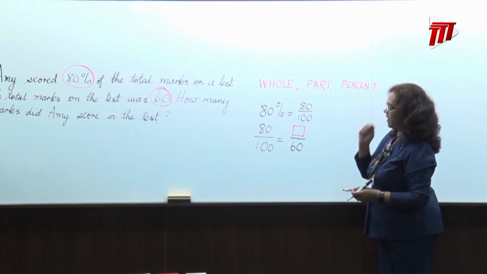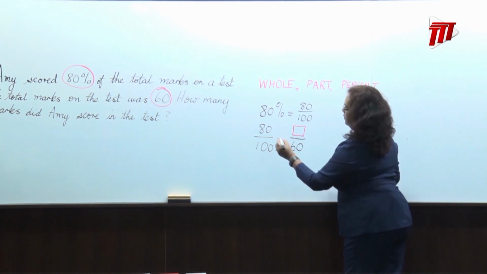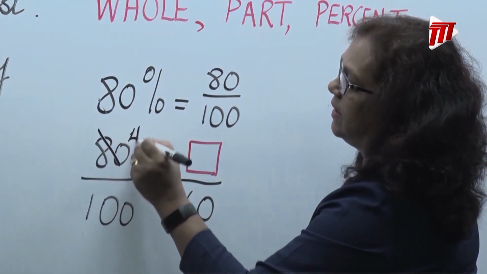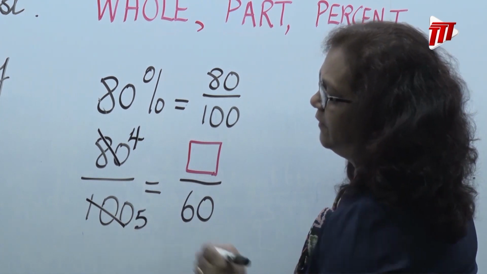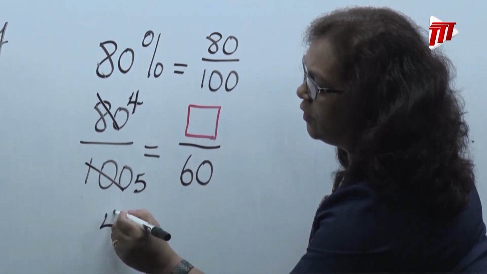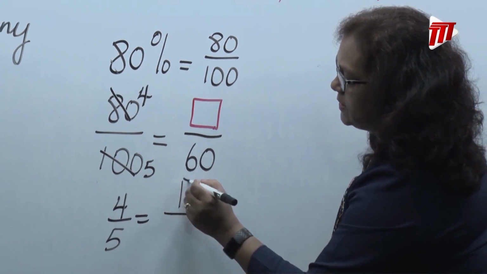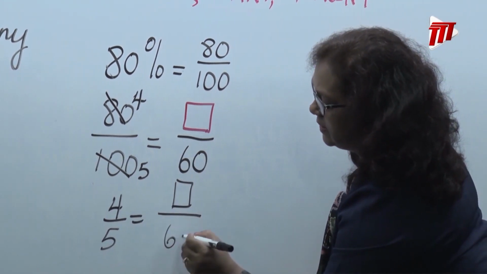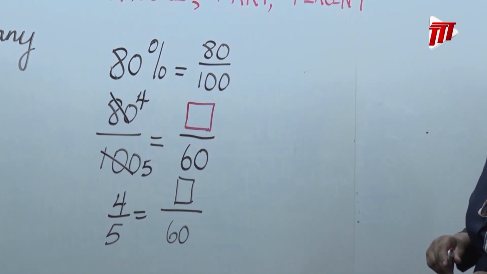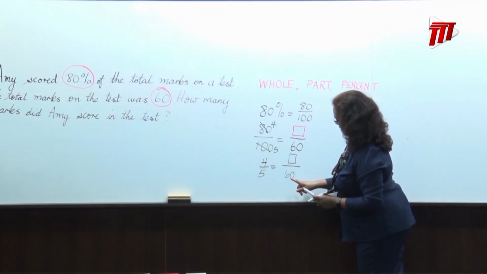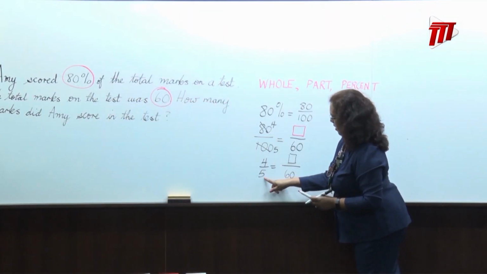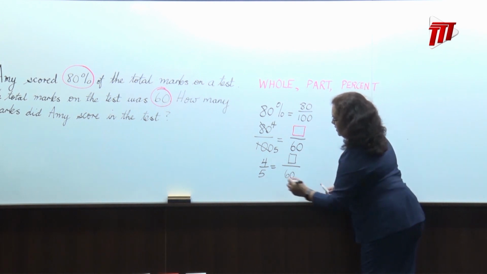Now I can do this very quickly here. If I reduce 80%, I will get 4/5. So I could say 4/5 is equal to a number over 60. Now, how did I go from 5 to 60?